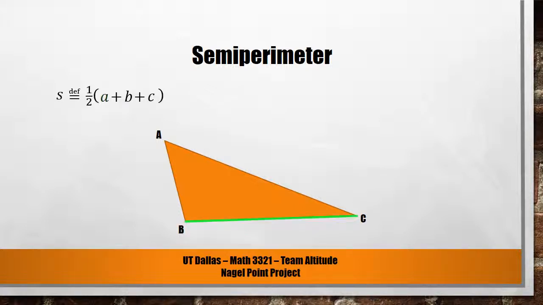Now, little a is the length of the side opposite vertex A. Little b is the length of the side opposite vertex B. And little c is the length of the side opposite vertex C. So the sum little a plus little b plus little c is just the perimeter of the triangle. We divide that by 2 and we get the semiperimeter, hence its name.